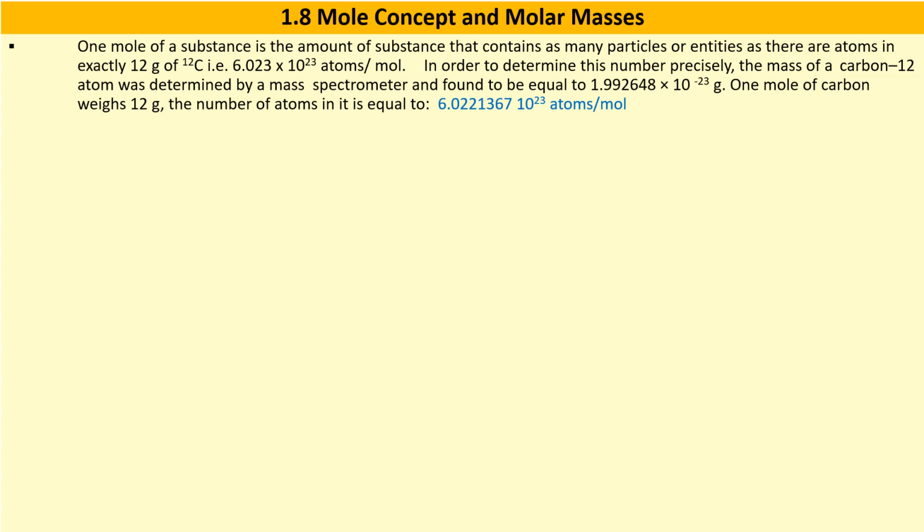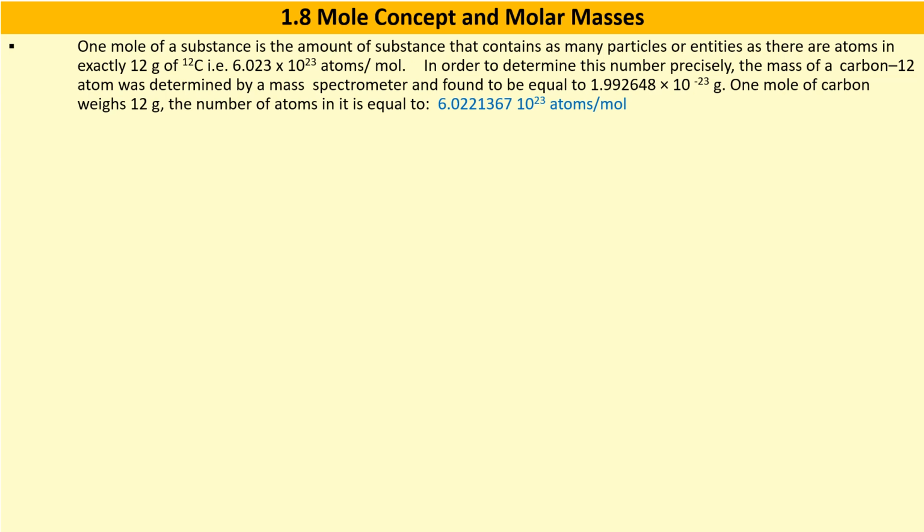To handle such large numbers, a unit of convenient magnitude is required. Just as we denote 1 dozen for 12 items, we use the idea of mole to count entities at the microscopic level. These entities may be atoms, molecules, particles, electrons, ions, etc.